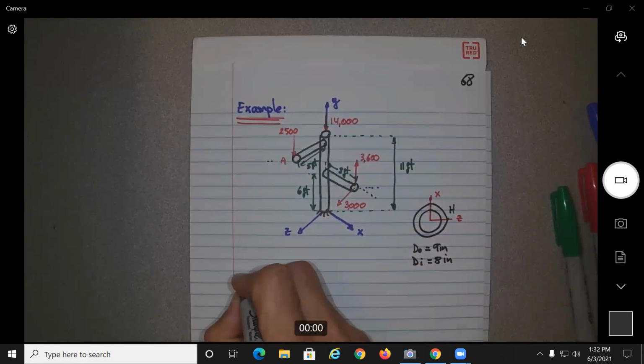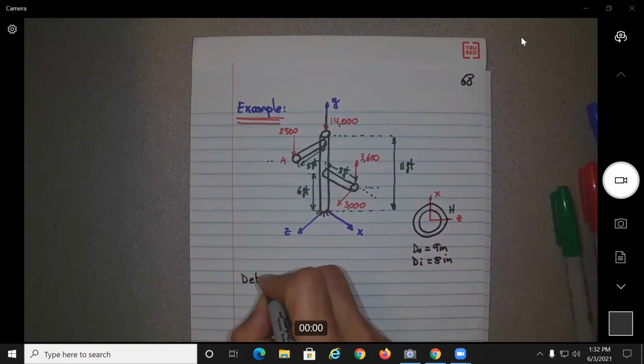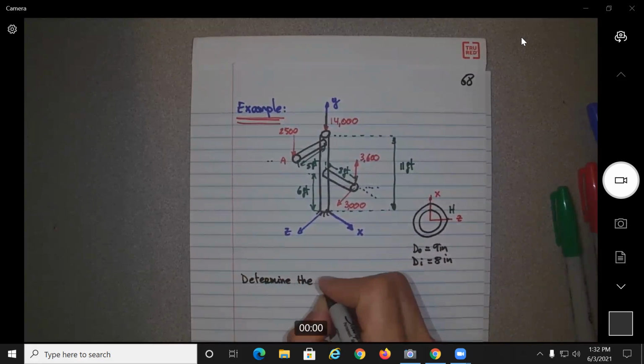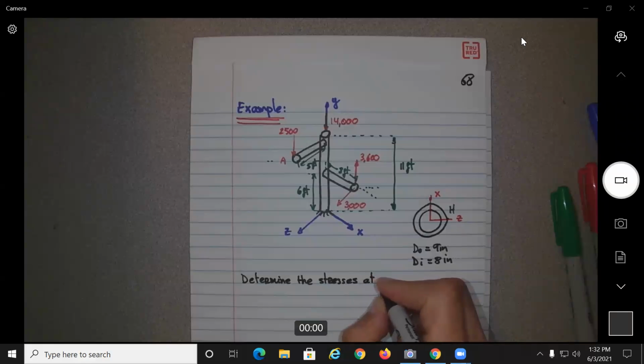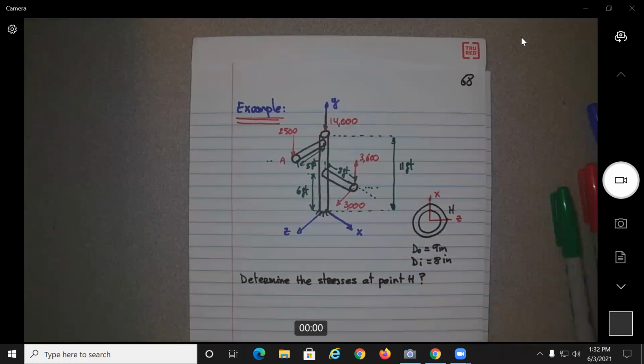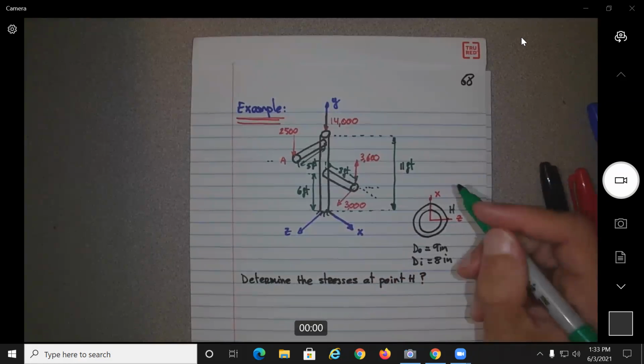So we need to determine the stresses at point H. So according to my figure, actually it looks like H is over here.